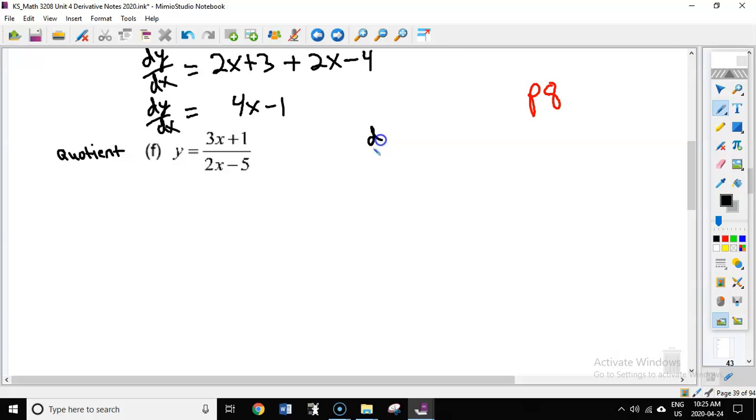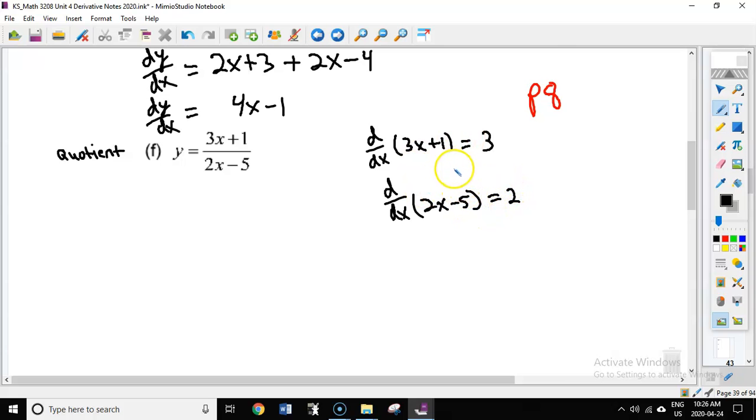So if I were to do the derivative of the numerator, right, we use power rule now. We don't have to worry about that limit definition ever again when it comes to these more complicated problems. And then if I look at the denominator, it just gives me 2. So the derivative of the numerator is 3, derivative of the denominator is 2.